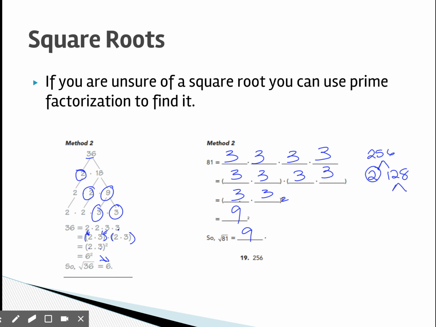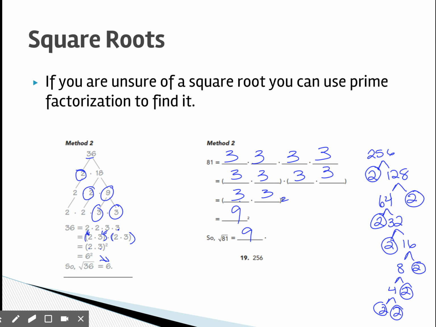Again, another 2 can go in here. 2 times 64 is 128. 64 is 2 times 32. 32 is 2 times 16. 16 is 8 times 2. 4 times 2. And 2 times 2. We got a lot of 2s here.